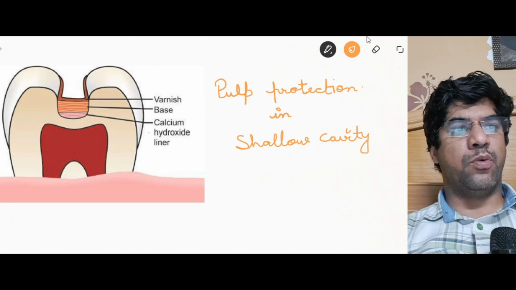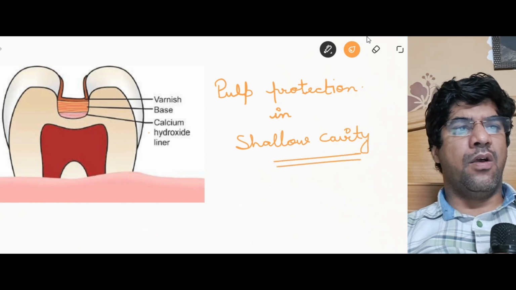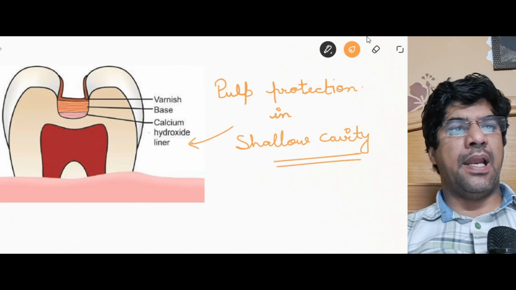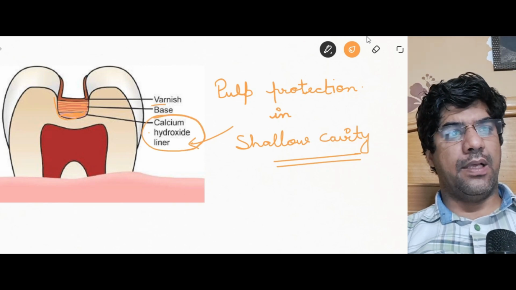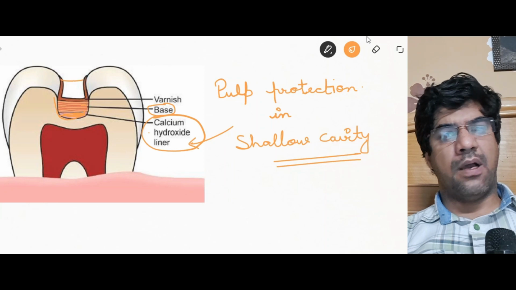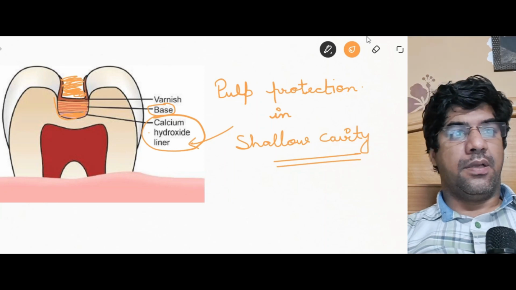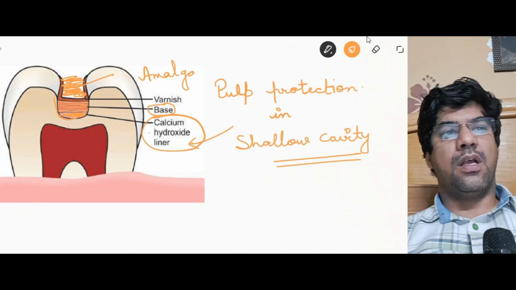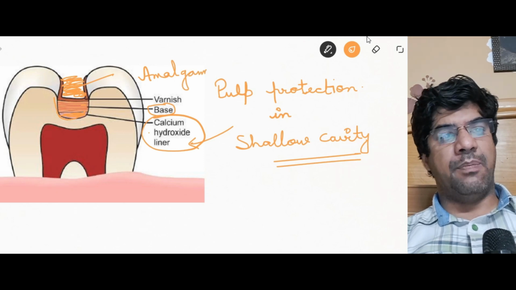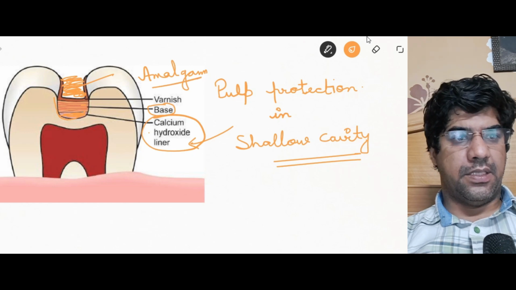So in these cases, to protect the pulp, the dentist applies a liner to cover the axial and pulpal wall, and over the liner a base is placed, and after the base material sets or hardens, the dentist will place the permanent restoration over it.